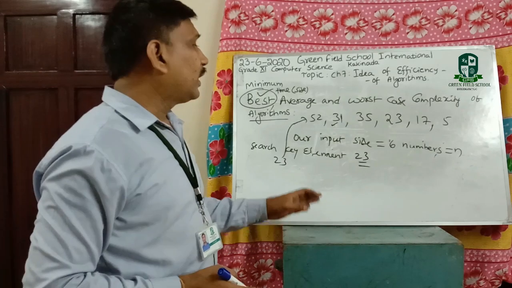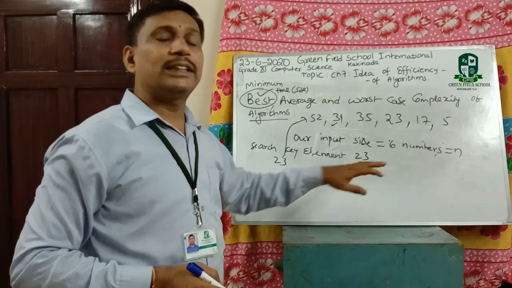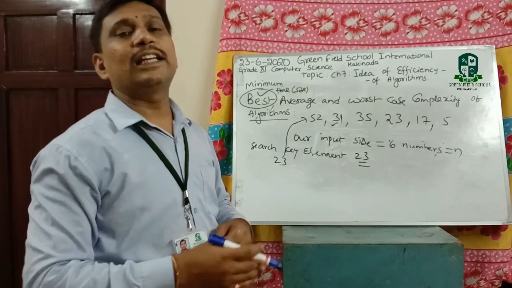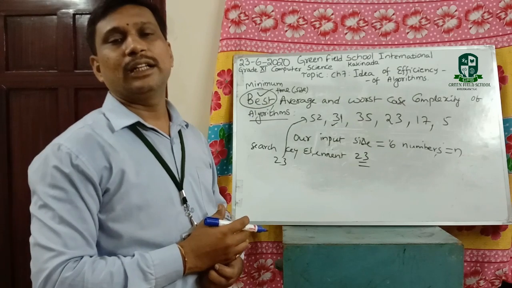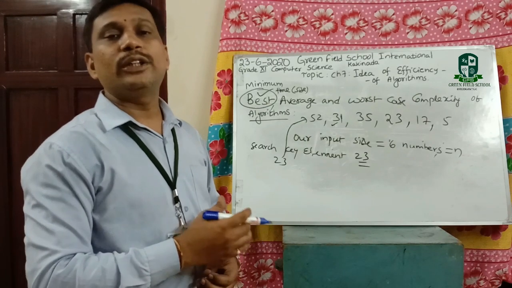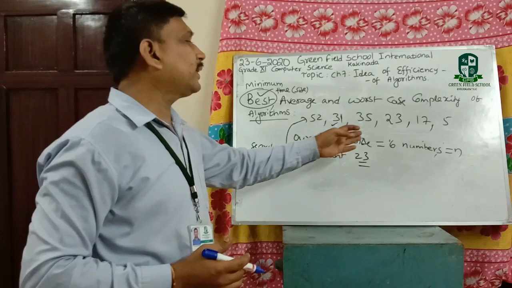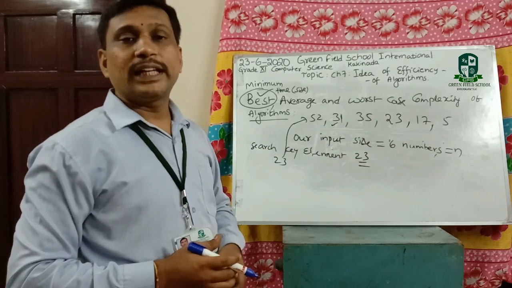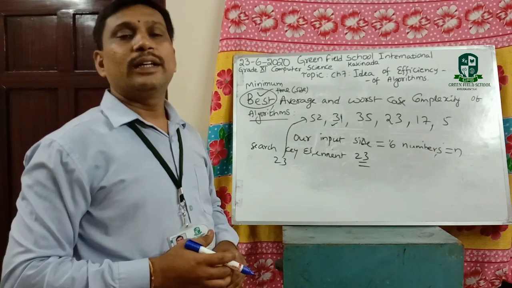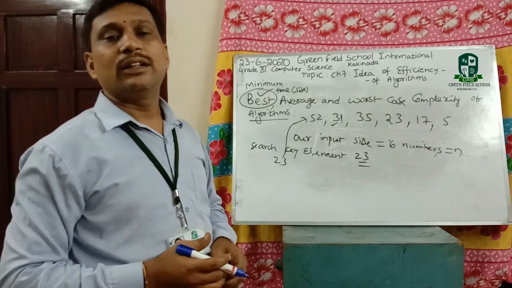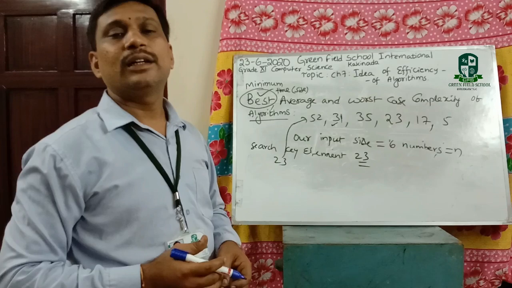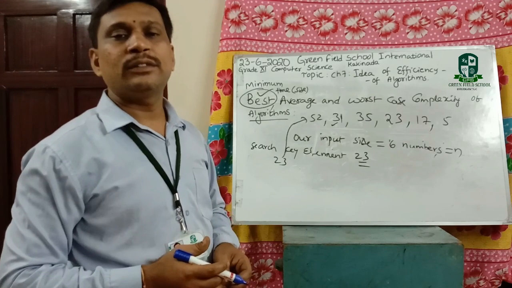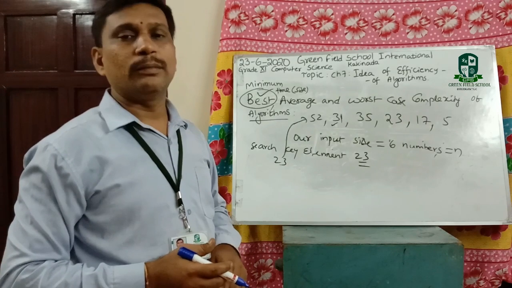So here the total number of elements is 6. To search all 6 elements we would require 5 to 6 steps at most, but we conclude that our search element is found in the fourth step. That's why it is considered the average time taken to solve this problem.